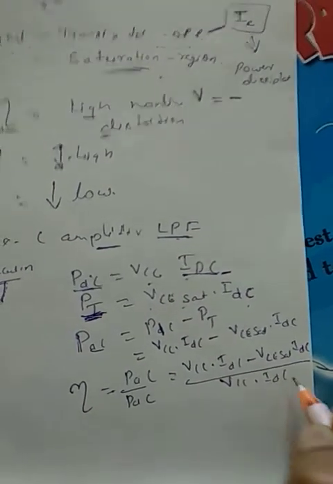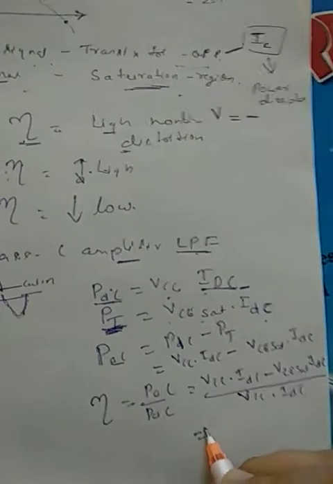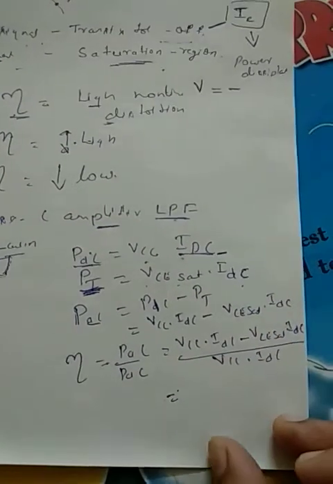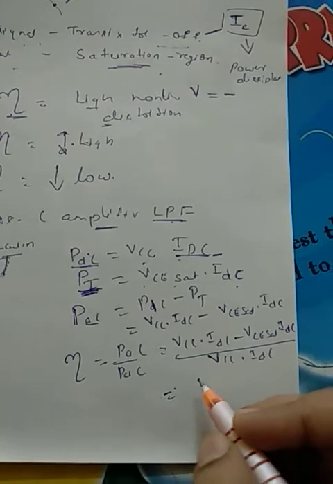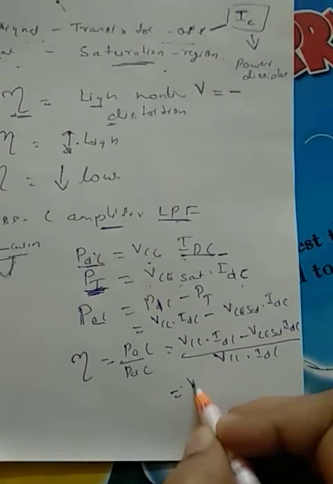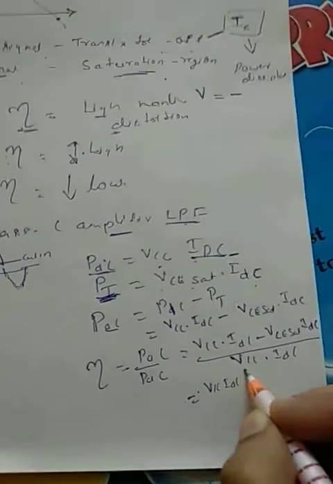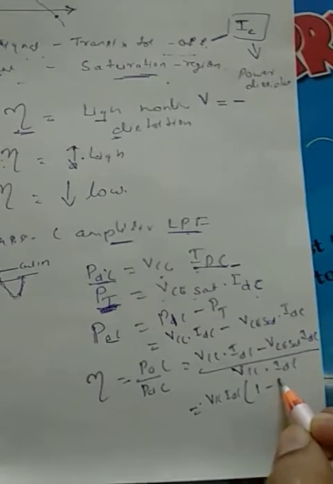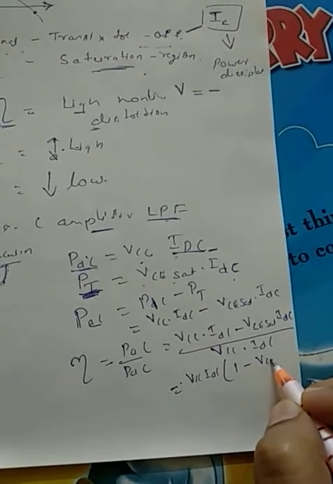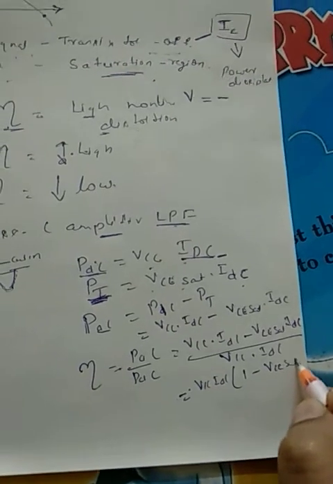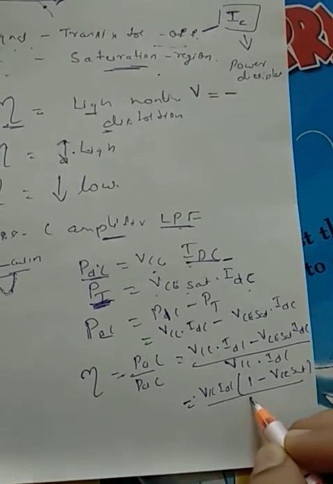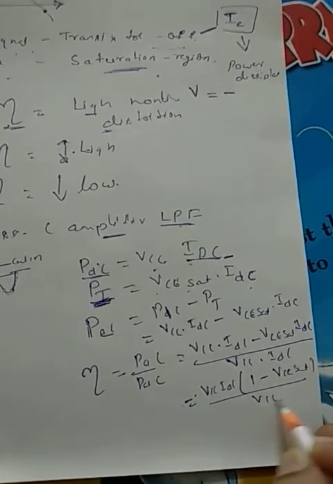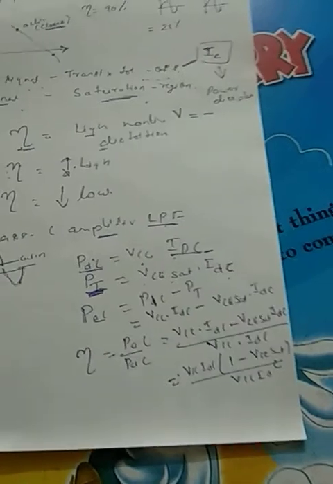PDC is VCC into IDC. If I take VCC IDC common in the numerator, I am left with 1 minus VCE saturation divided by VCC IDC.